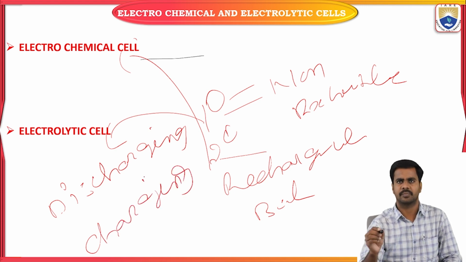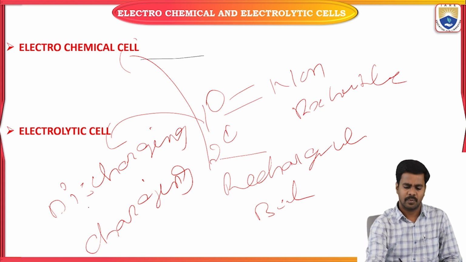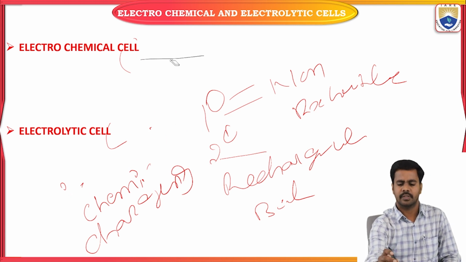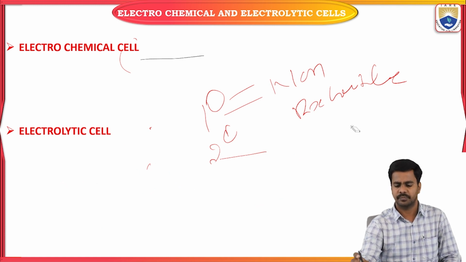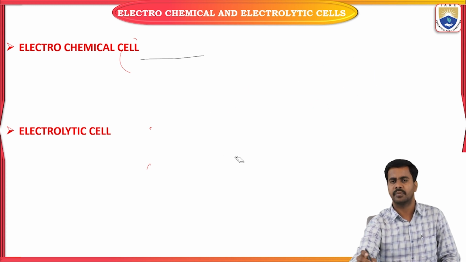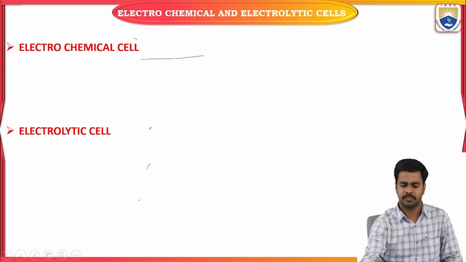During the discharging process, chemical energy converts into electrical energy, whereas during the recharging process, electrical energy converts into chemical energy.